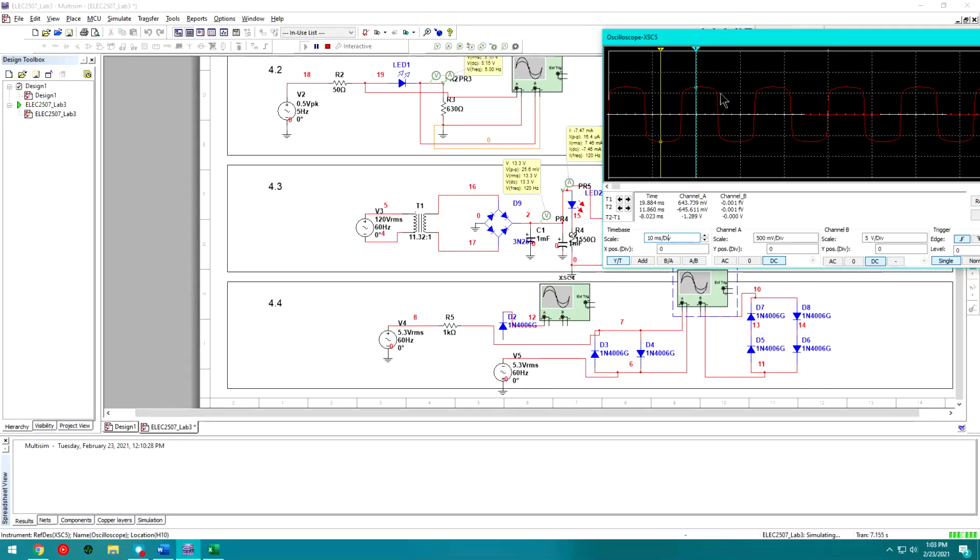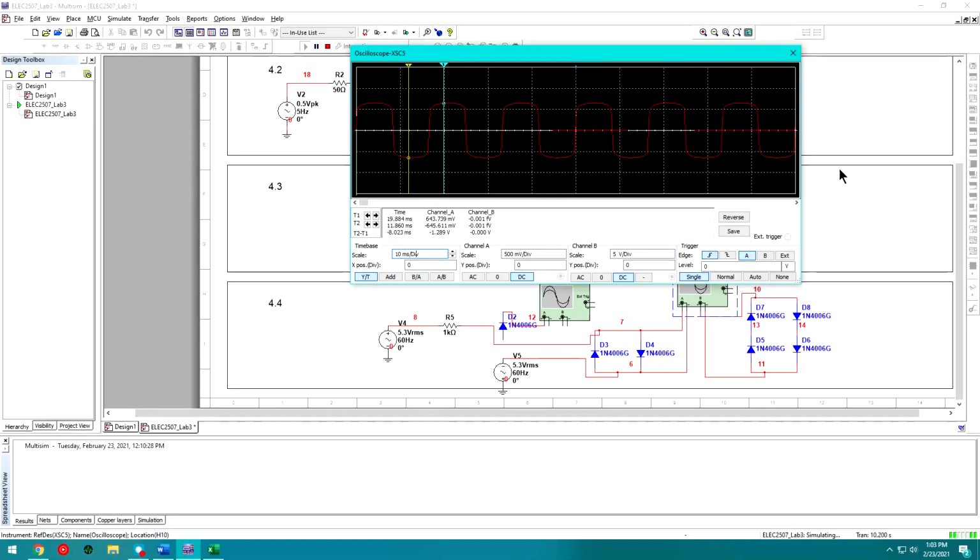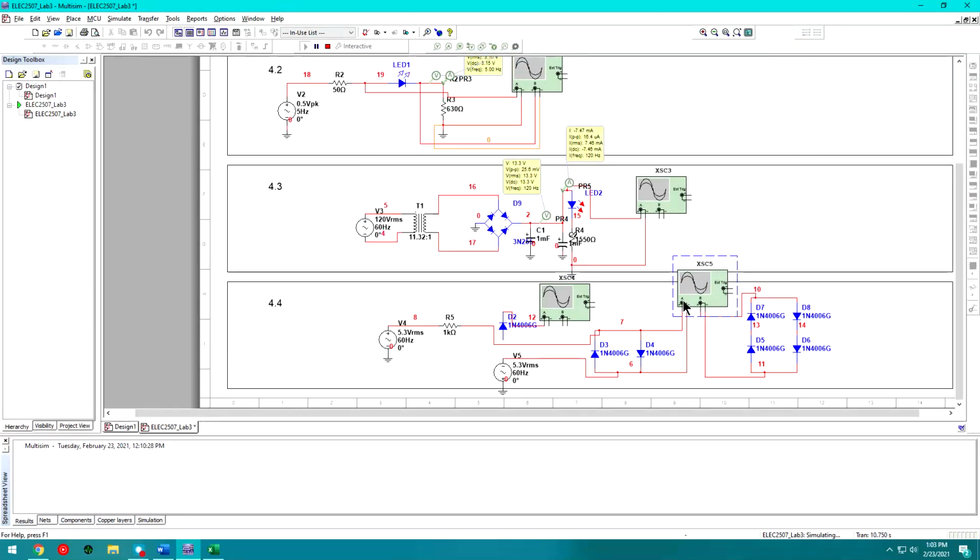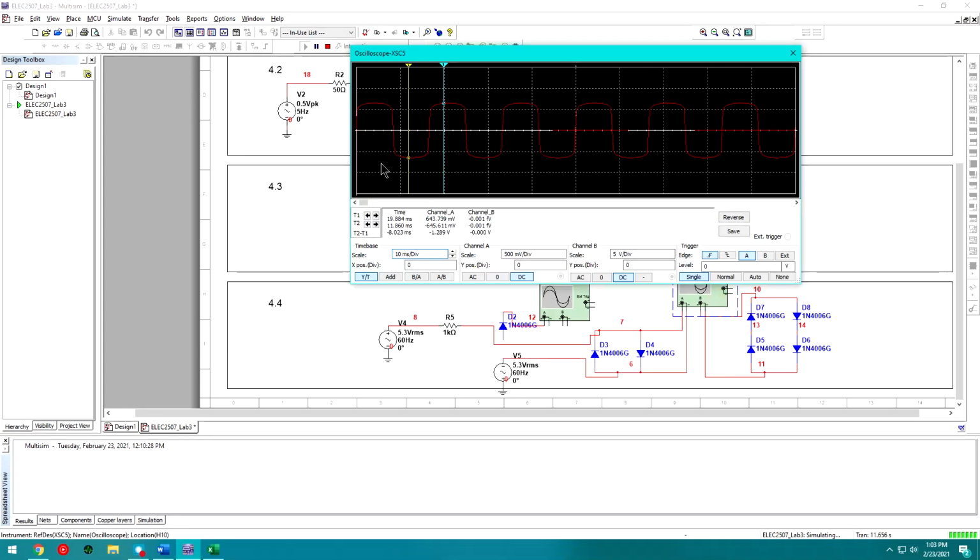But now we're getting that same thing happening in the positive and the negative half cycle. So we're going up 645, we're going down 645, and that's about it. So last but not least, we can take a screenshot of that one with the markers labeled at the peak values for each individual diode.